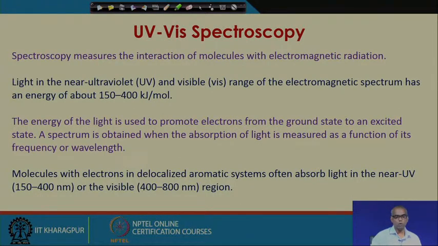A spectrum is obtained when the absorption of light is measured as a function of its frequency or wavelength. Molecules with electrons in delocalized aromatic systems often absorb light in the near UV or in the visible region. That means, in the wavelength range of 150 to 400 nanometer or 400 to 800 nanometer.